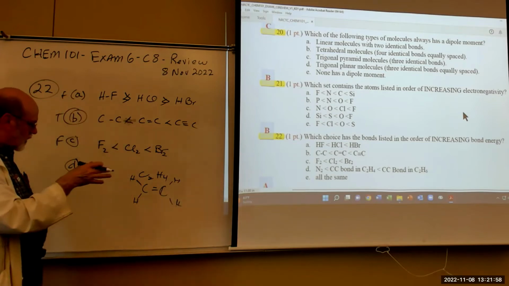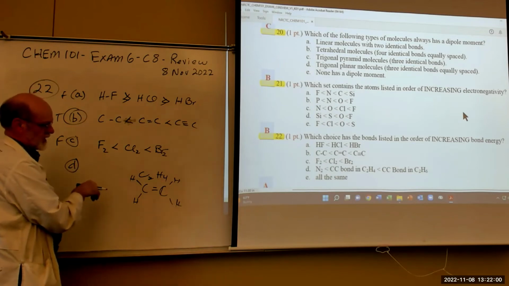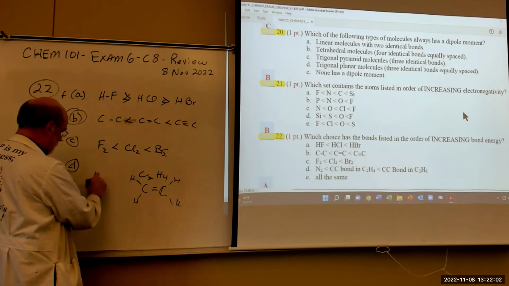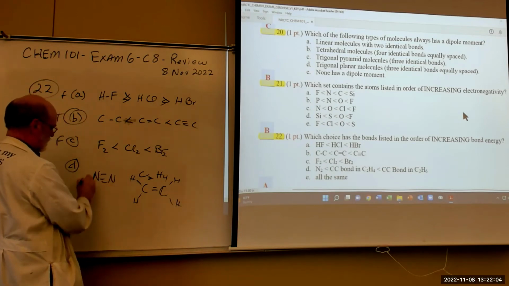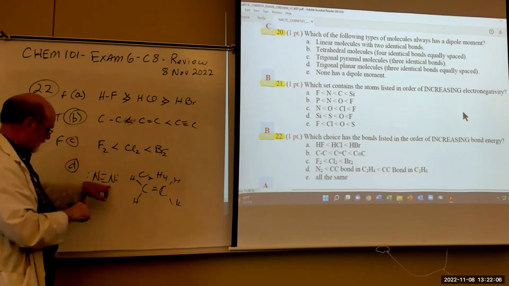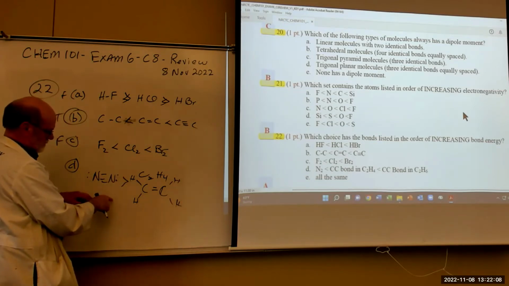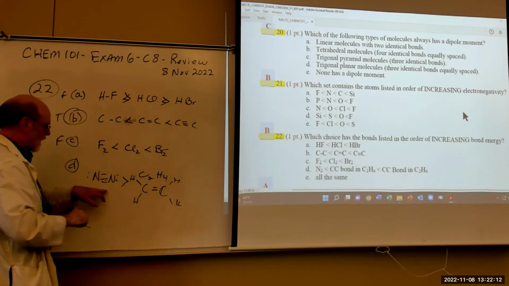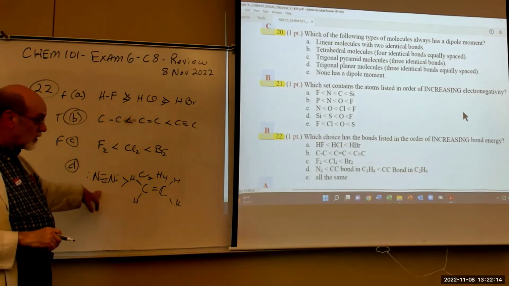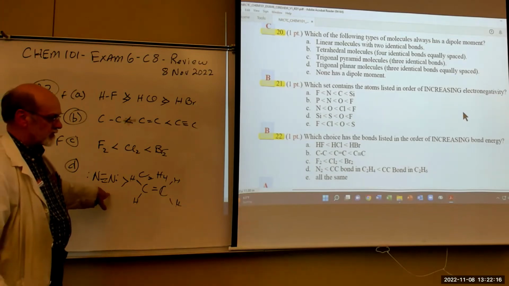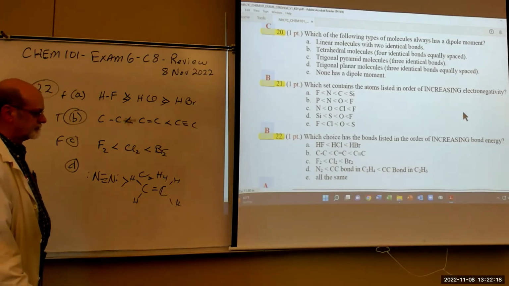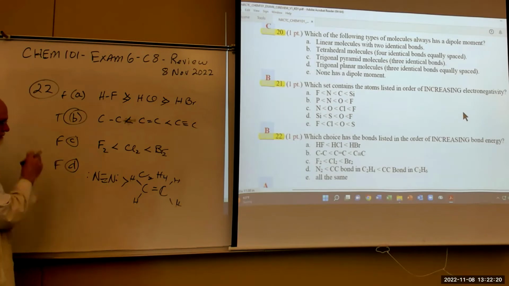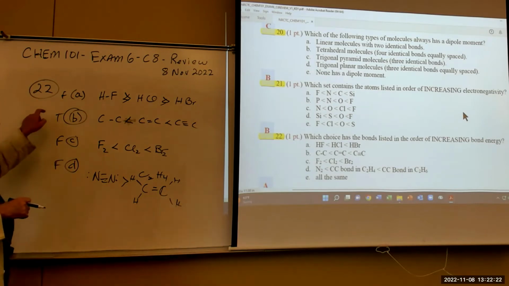You can draw out the Lewis dot structure and prove it to yourself. And then this one. Right, so this one has to be stronger than that one. If it's talking about this double bond versus that triple bond, there's no contest. The triple is stronger, so that's turned around backwards. So that one's false. All right, so they're not all the same. B is the only one that's right.